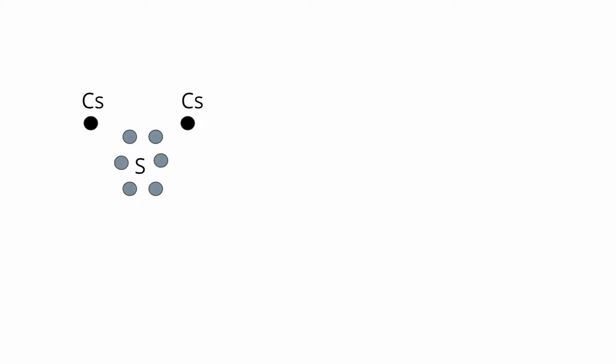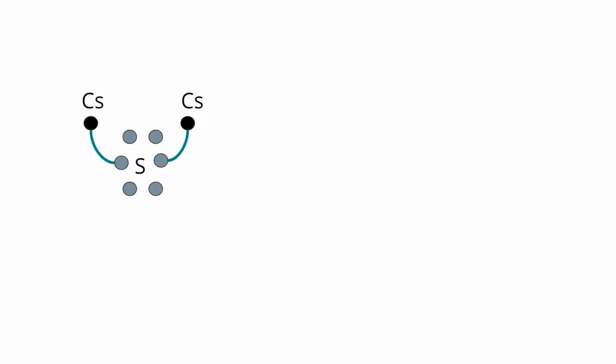In this instance, I've used different colors to indicate where the electrons are going from so that you're able to trace them back. For cesium, I've used black, and for sulfur, I've used gray. To indicate that cesium is giving up its electrons to sulfur, I've used these teal lines, okay? And I've shown them matching up with the electron on the sulfur that's alone. Electrons usually like to travel in pairs.